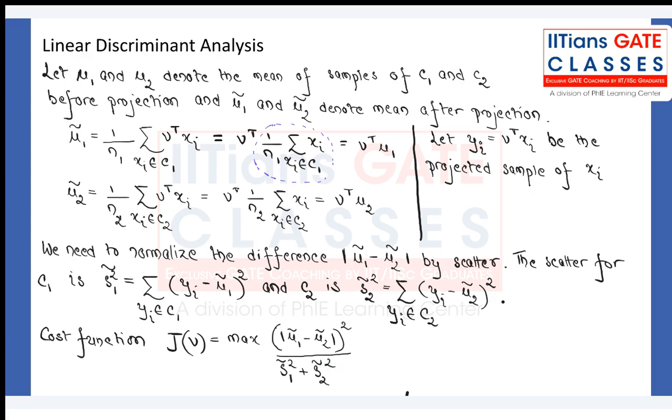Okay, I want to maximize this. And the idea is, if we find the unit vector v that maximizes this cost function J of v, then we are guaranteed that the classes will be linearly well separated.